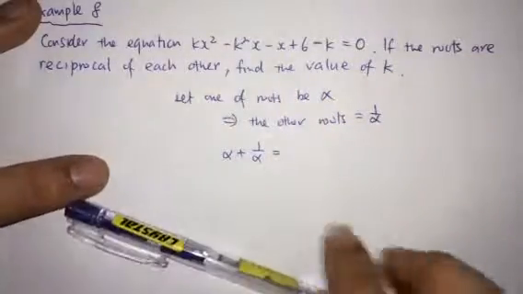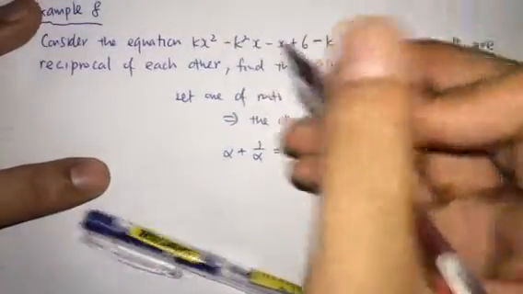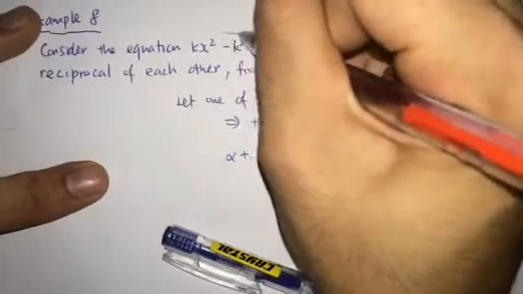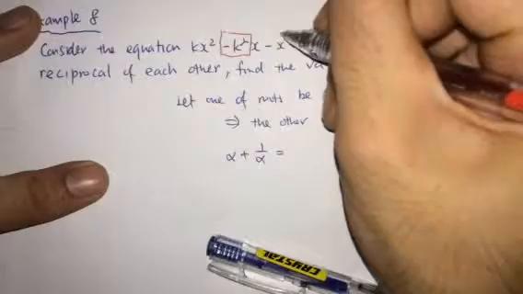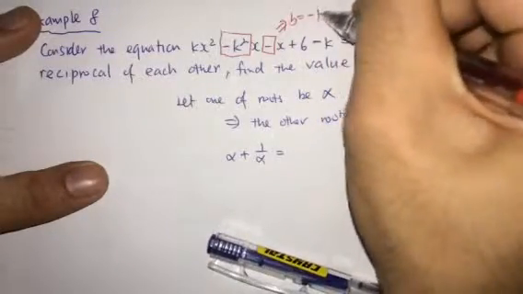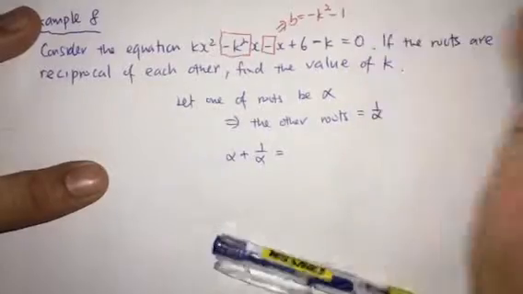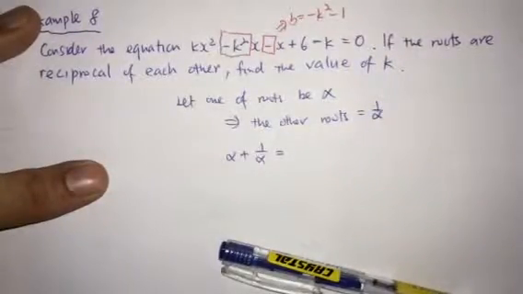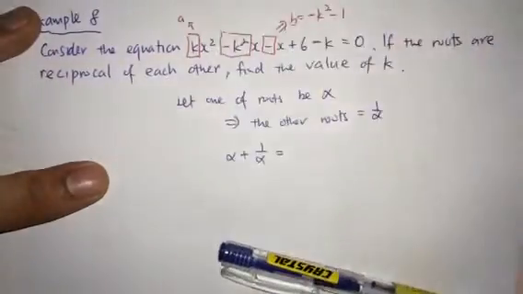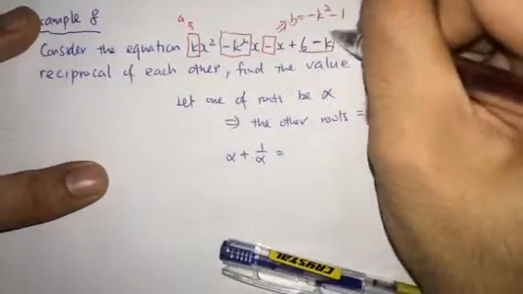minus b over a. So the b may be a bit hard to see here, but if you take note that your b is the coefficient of x, your b is actually minus k squared minus 1. And this will be your a, and this will be your c.